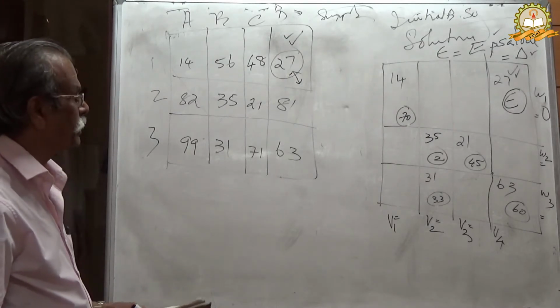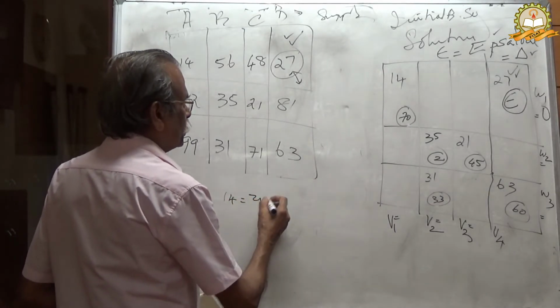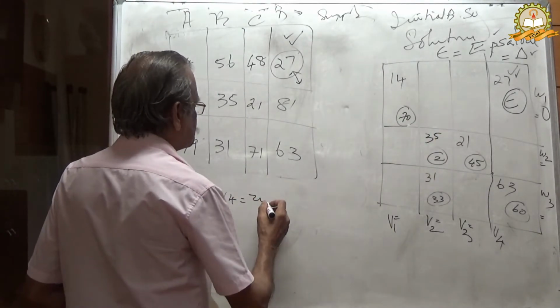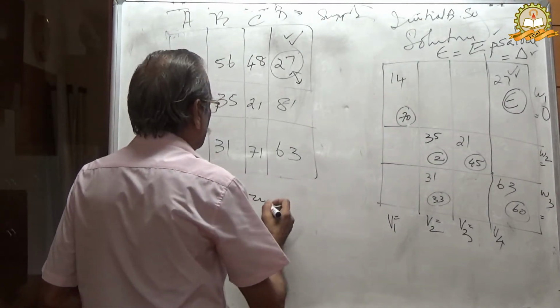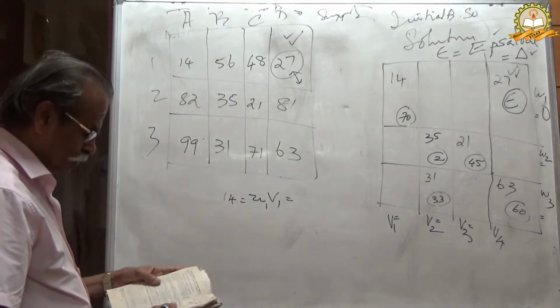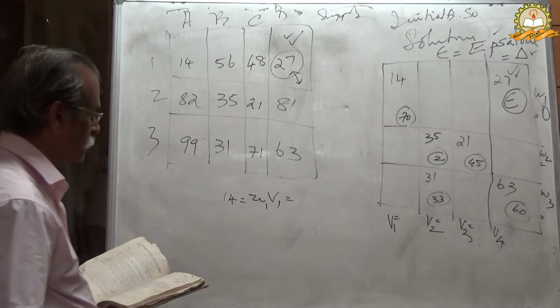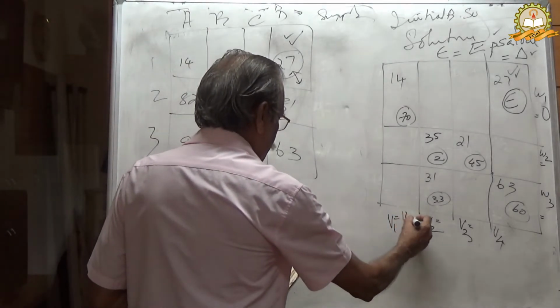As done earlier, you take U1 equal to 0. 14 equal to U1 plus V1. U1 equal to 0. Therefore, V1 equal to 14.